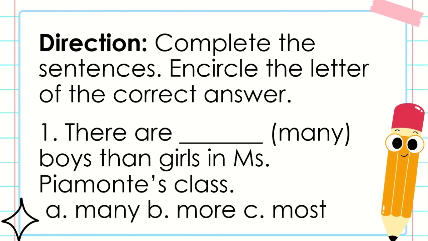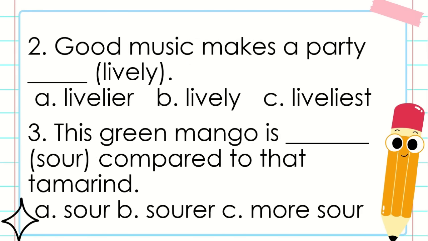Complete the sentences and circle the letter of the correct answer. Number 1. There are blank boys than girls in Miss Piamonte's class. A. Many. B. More. C. Most. Number 2.